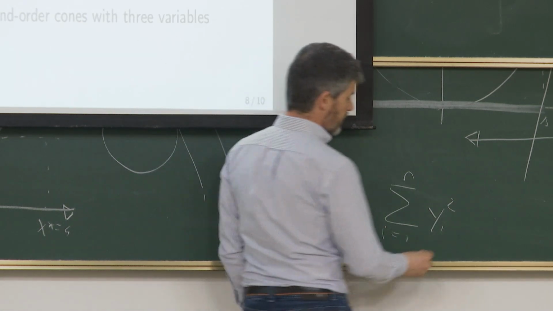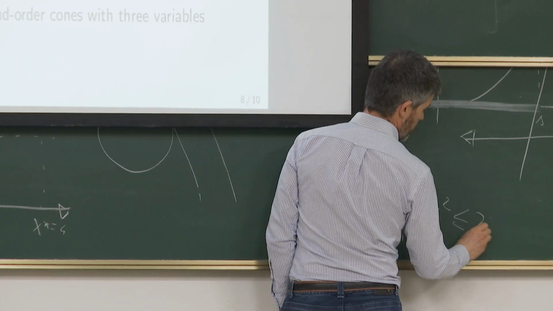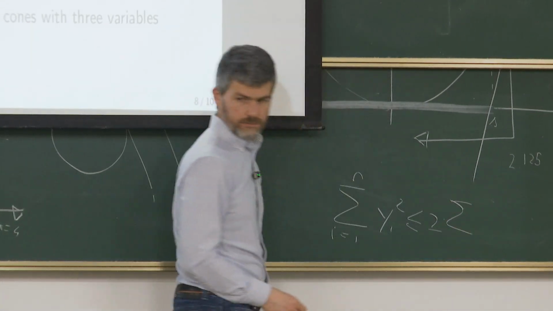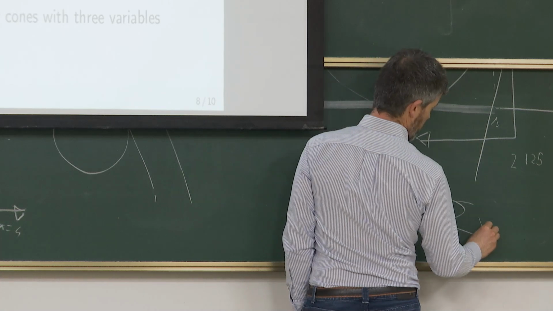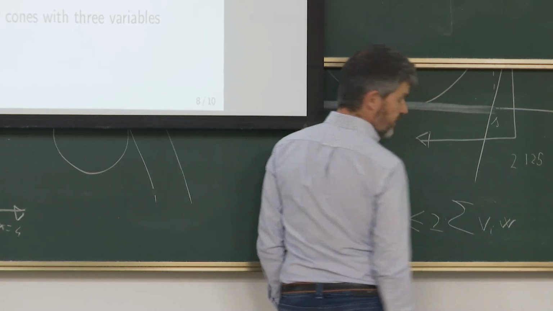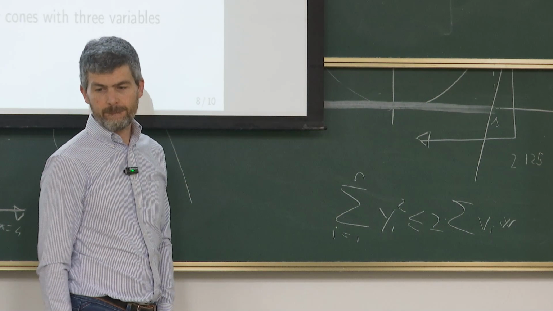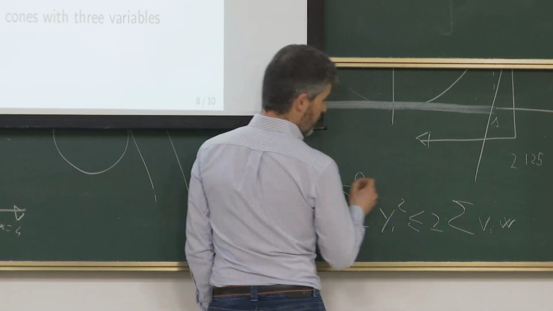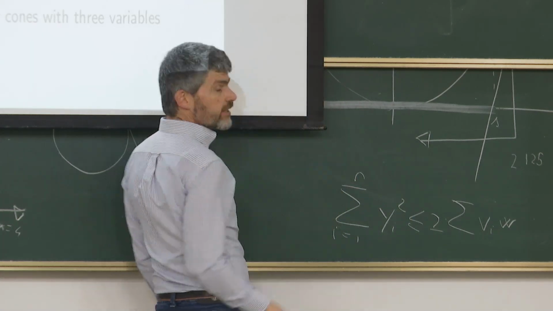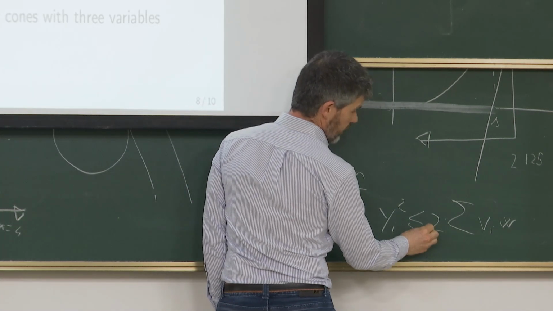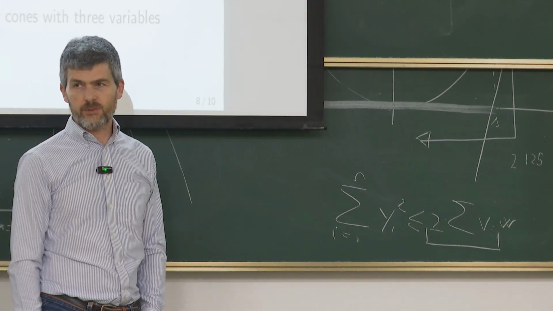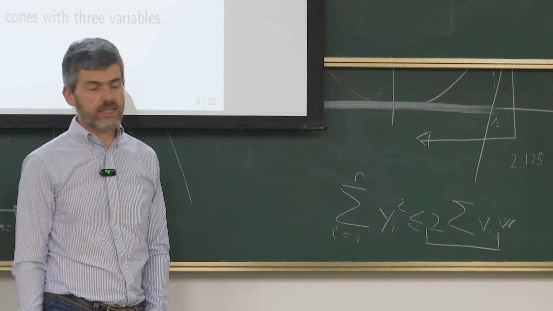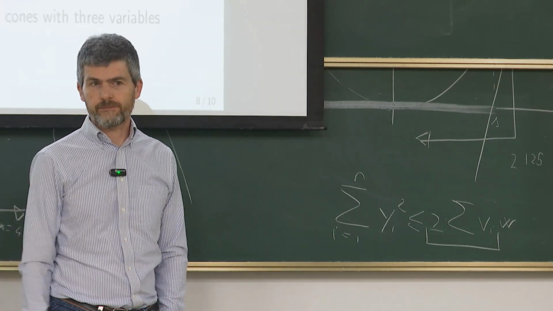On the right-hand side, you get 2 times the sum over vi times w. But the first constraint, the linear constraint, says that this guy over here is less than or equal than w itself. So what you get back is precisely w squared.